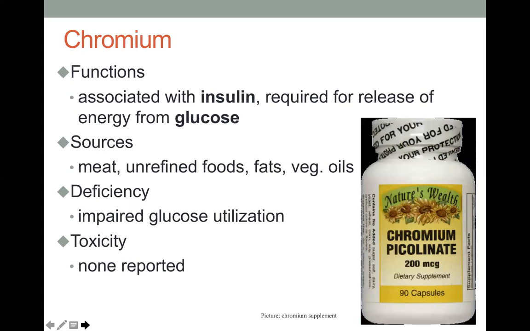That being said, you would think that a chromium supplement would help people who are diabetic, but generally speaking, we have not seen any promising results for people who are diabetic but not chromium deficient. Only people who are exhibiting diabetes-like symptoms due to chromium deficiency tend to see relief from a chromium supplement.